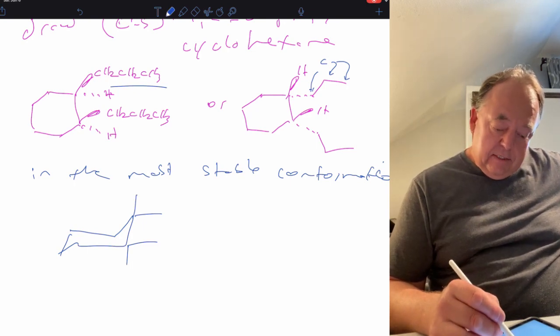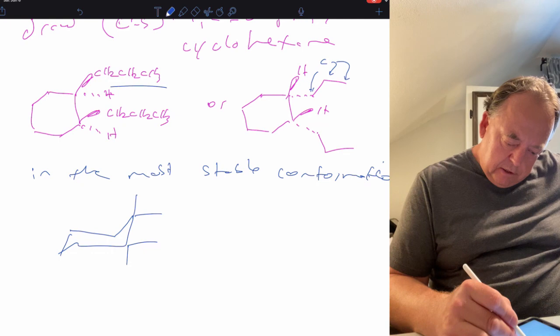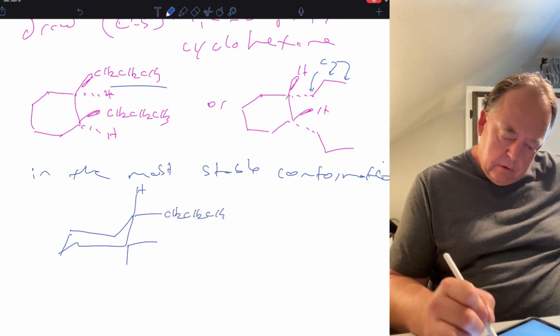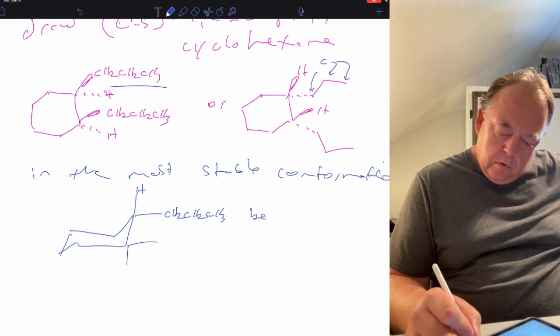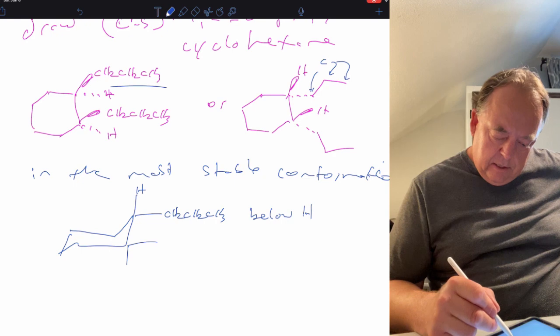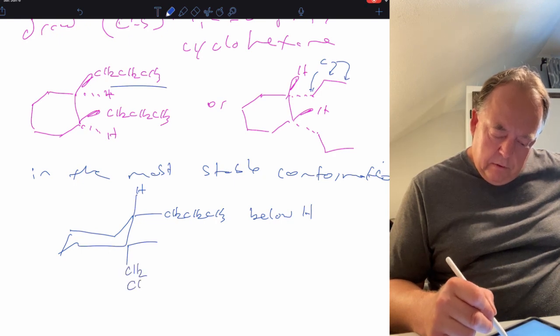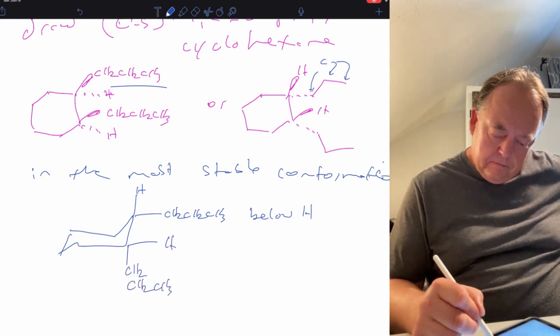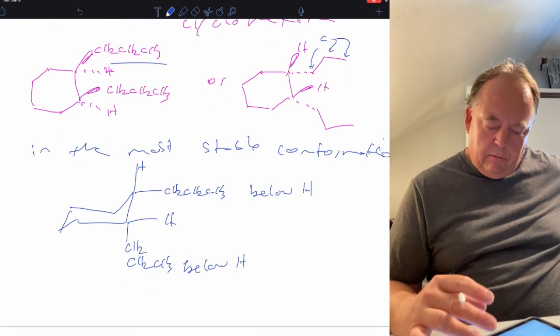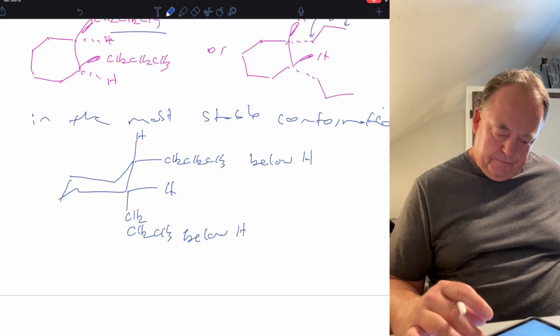So if it has to be cis, so let's see, let's put hydrogen there and a propyl here. So this is below H. So if it has to be cis, then the next one has to be below H as well. So that means they're both below H, so they're cis to each other.